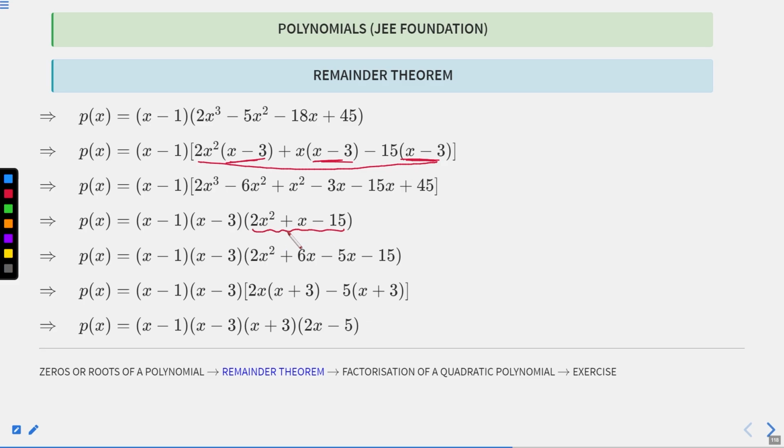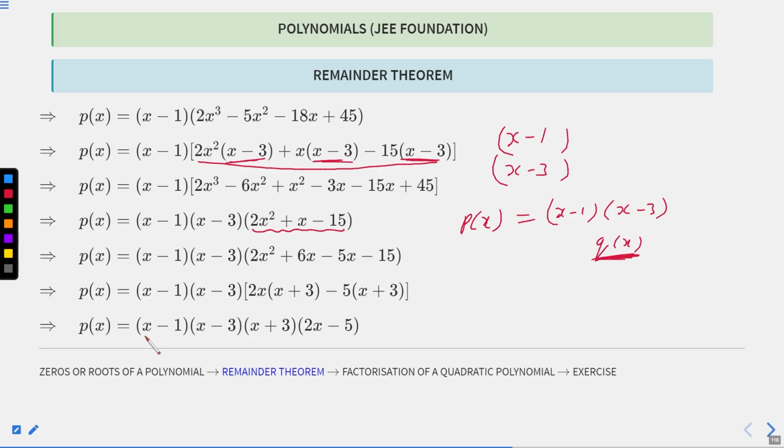For example, here every step is already written down, and we already know that we have two factors, that means this and this. So my final p of x will look like the product of the first factor with the second factor and some remaining factor or polynomial.